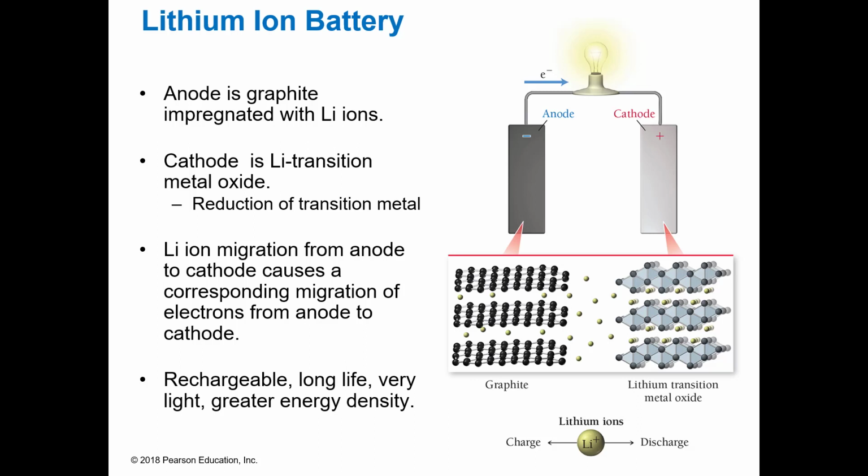That's why you generally can't check a lithium ion battery on a plane, because maybe you've damaged the separator, you don't know about it, and it starts heating up because this reaction then becomes spontaneous and flows very quickly and generates a lot of heat and actually catches fire. So that's the concern here. They have high energy density. Just think about it, it powers your cell phone for the whole day.